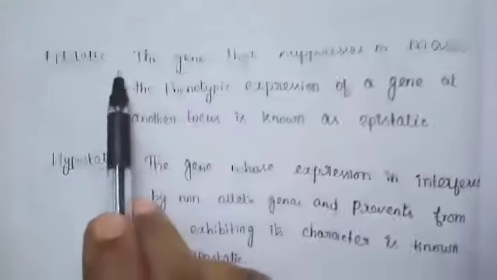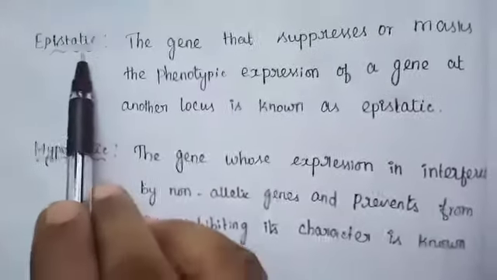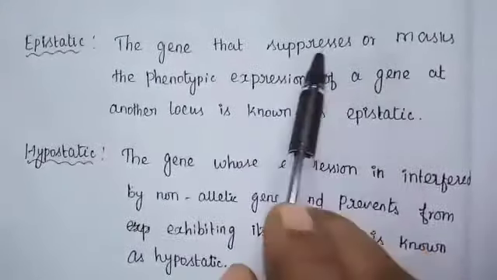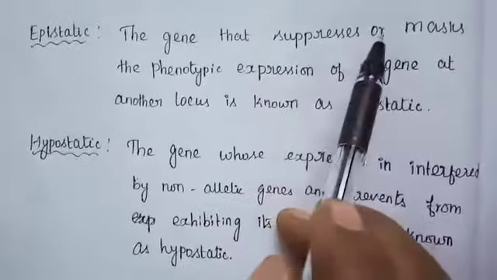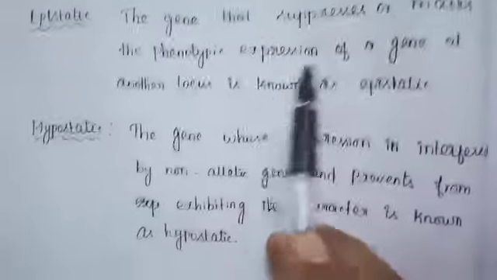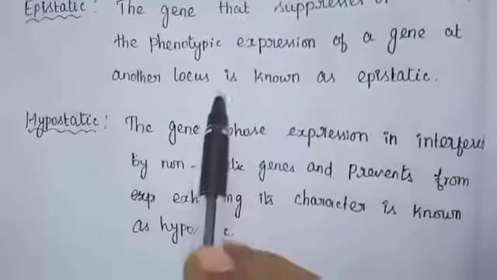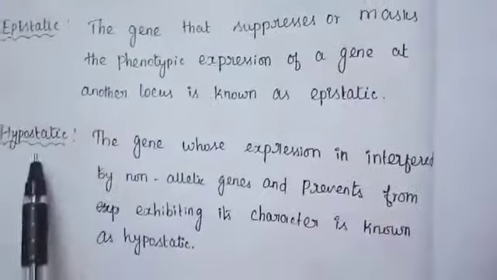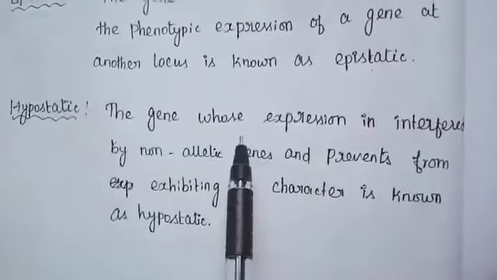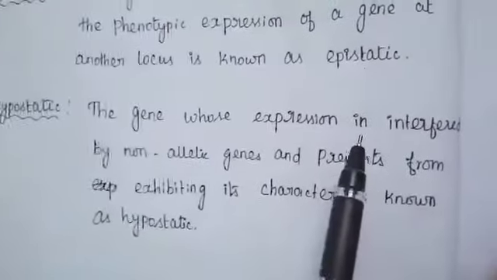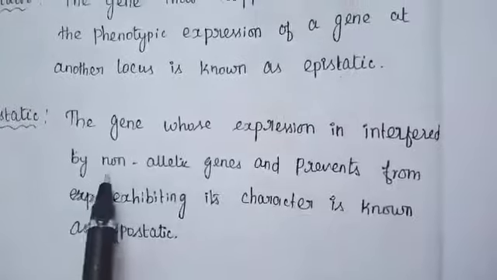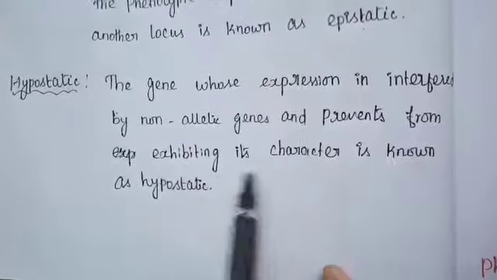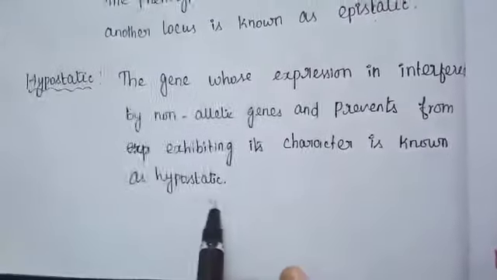So now, epistatic and hypostatic. What is epistatic? The gene that suppresses or masks the phenotypic expression of a gene at another locus is known as epistatic. And hypostatic: the gene whose expression is interfered with by a non-allelic gene and prevented from exhibiting its character is known as hypostatic.